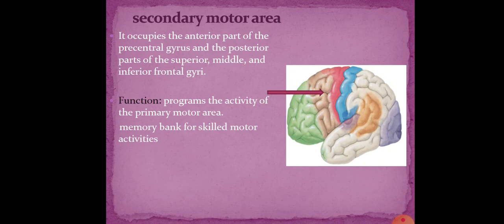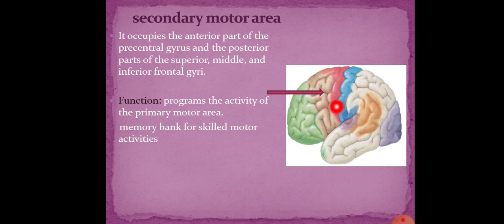So now we know two areas. Area colored by red here, known as primary motor area. An area colored by brown, known as secondary motor area. Brodmann area 4 here and Brodmann area 6 located here.